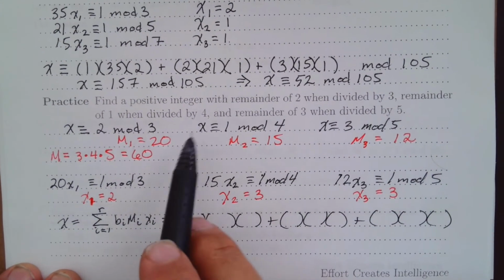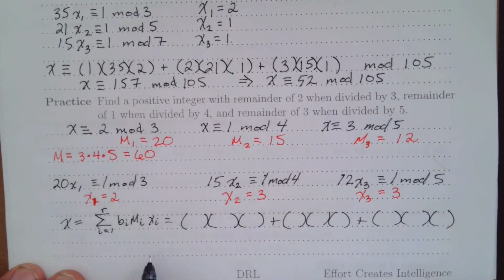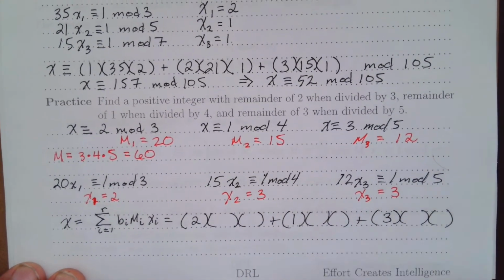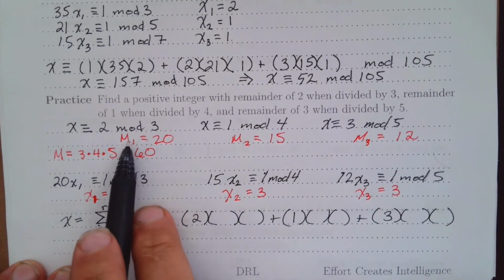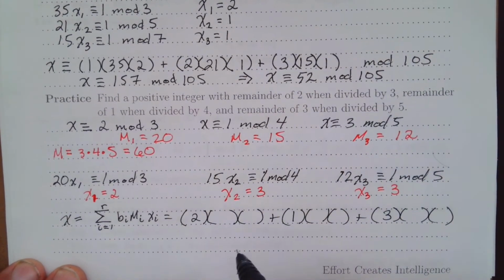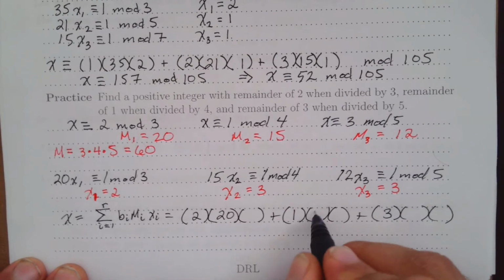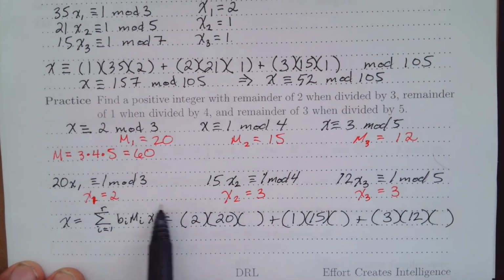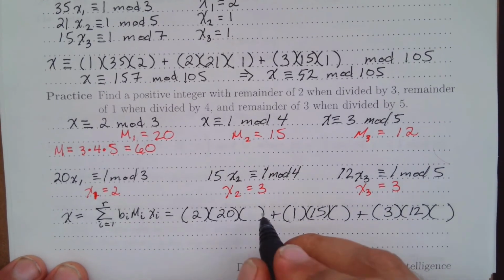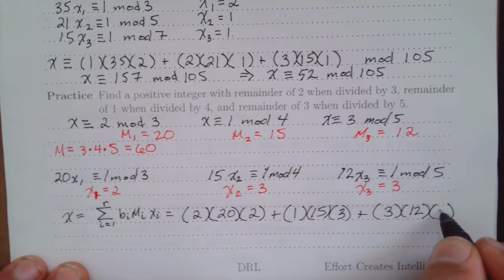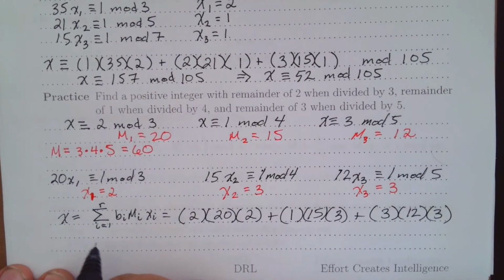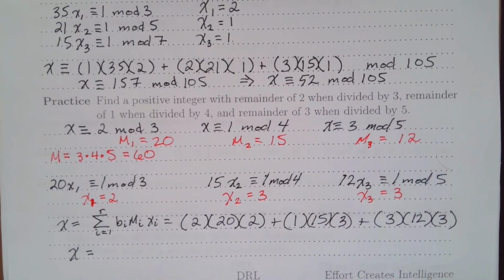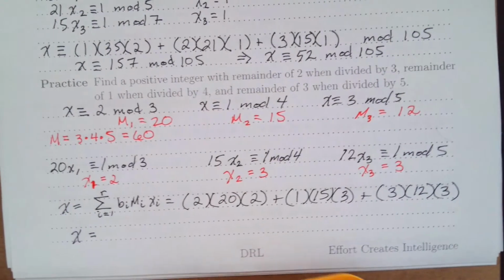And so we'll start with what are the b sub i's, and that is a 2, a 1, and a 3. What are the capital M sub i's? That is 20 and 15 and 12. And then what are the particular x sub i's? That is 2 and 3 and 3.